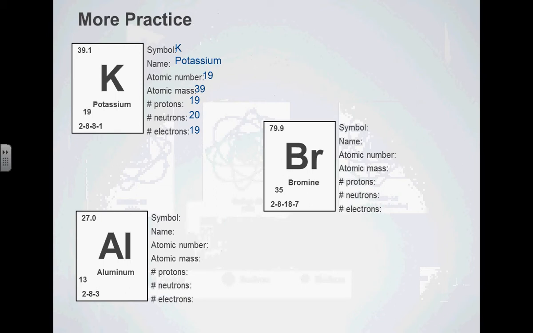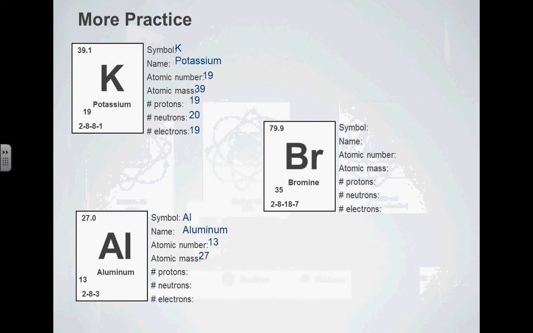Yeah. All right, aluminum. Symbol? Eli. AL. Emma, name. Aluminum. Atomic number? Jonathan Cordero. 13. Yes. Atomic mass? Olivia. 27.0.